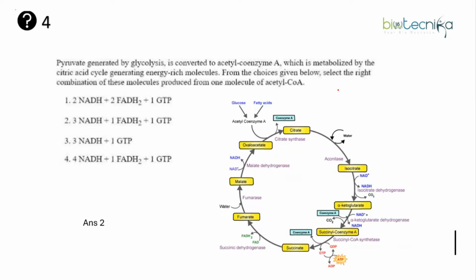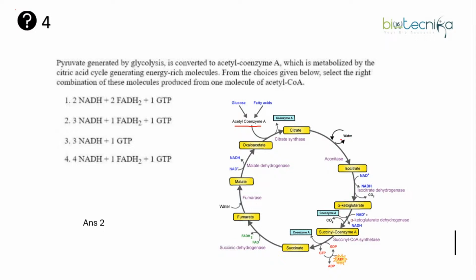So this is your citric acid cycle. As you can see, acetyl CoA is entering the citric acid cycle. Citrate synthase is synthesizing citrate. Citrate is getting converted to isocitrate by the aconitase enzyme.